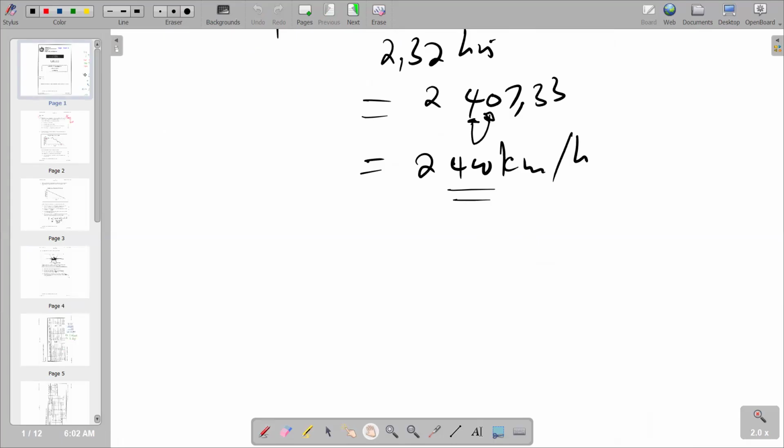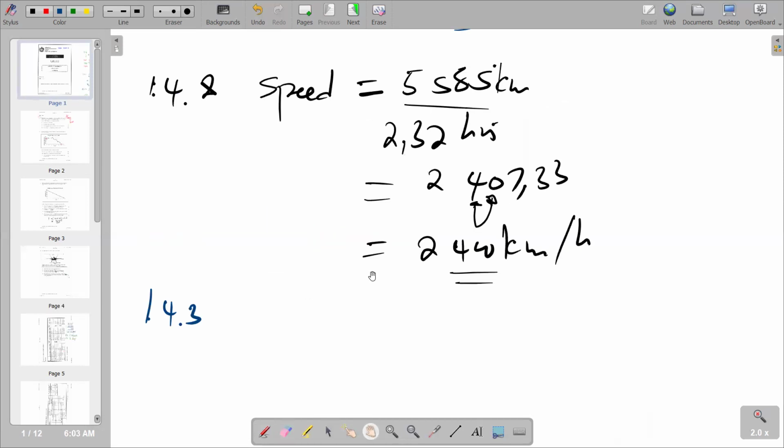So we go back there and say 1.4.3. Remember, we put 2,400 kilometers over 1 hour. But this one was a rounded figure, so we can use the actual figure that we got, which is 2,407.33.